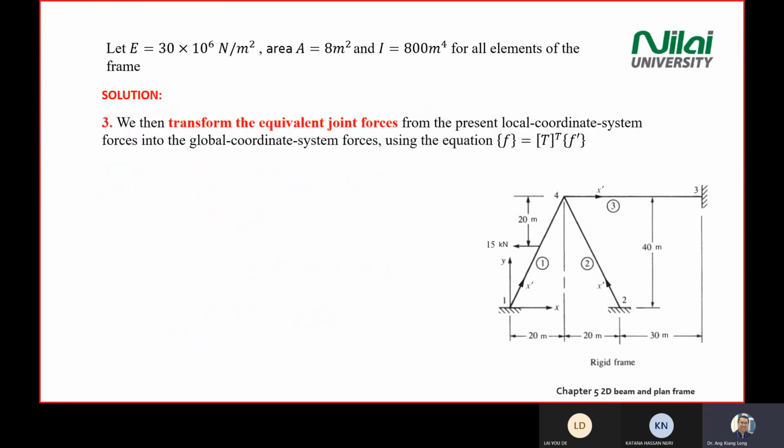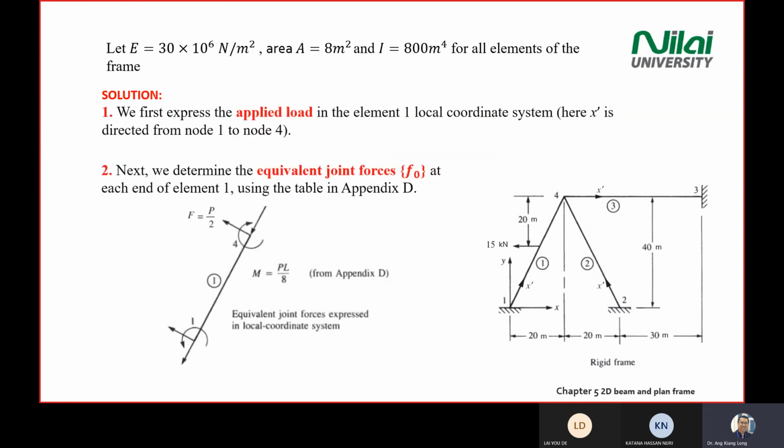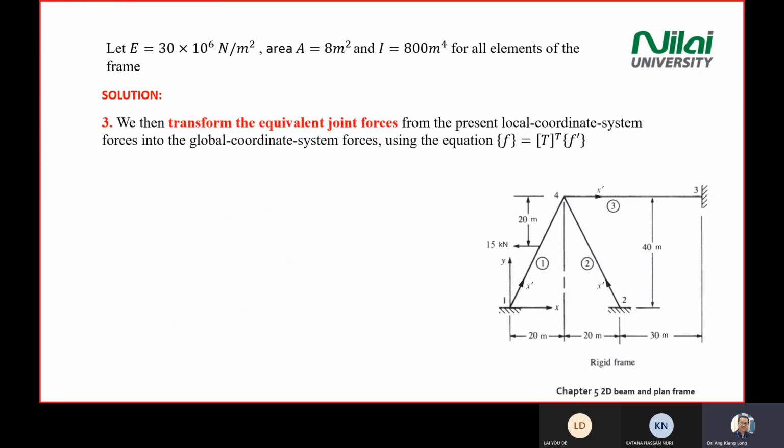Then we go to step number 3. After we convert all the equivalent forces, we transform to the joint forces in the global dimension. We use this equation. F prime means this one is at the element dimension. This one without the prime is at the global dimension.